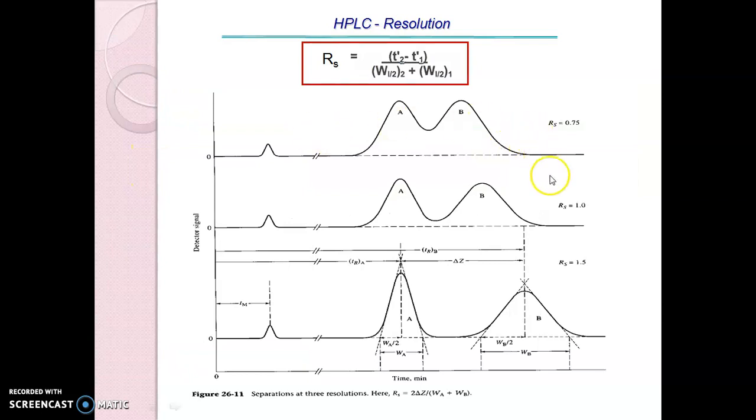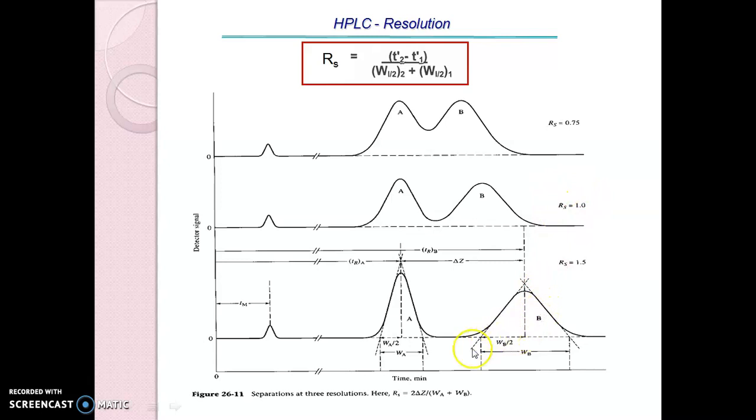Here this is the diagram from Skoog. In chromatogram A, the two peaks A and B are not well separated and have a resolution of 0.75 after calculation using this formula. In the second chromatogram, A and B are a little more separated, showing a resolution of 1.